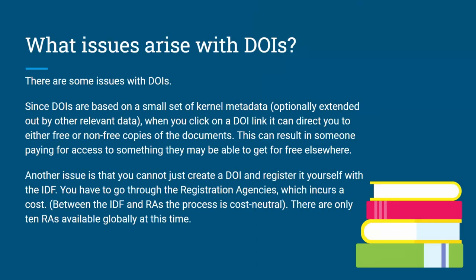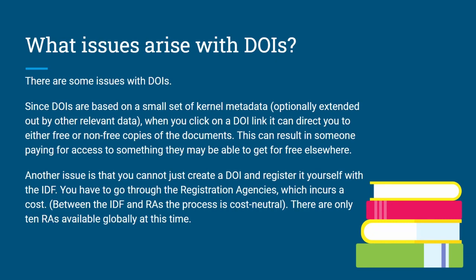However, there are still issues with DOIs. Since DOIs are based on a small set of kernel metadata, remember, you only really need 3 pieces of kernel metadata in order to build that metadata set. You can optionally extend it out by other relevant data, but the minimum is very small. When you click on a DOI link, it can direct you to either free or non-free copies of the document. So this can result in somebody having to pay for access to something that they may be able to get for free elsewhere.